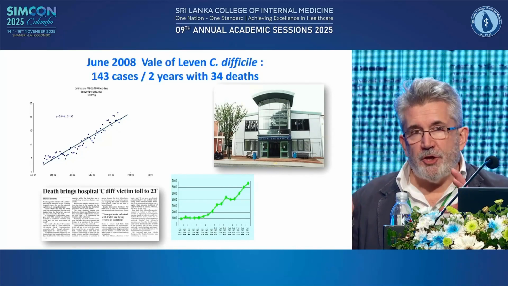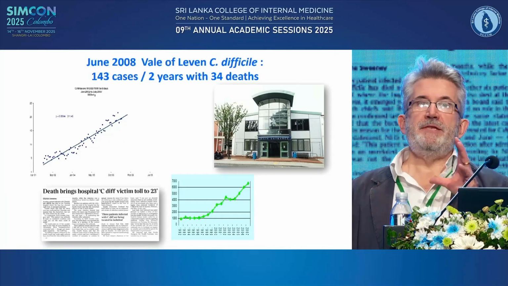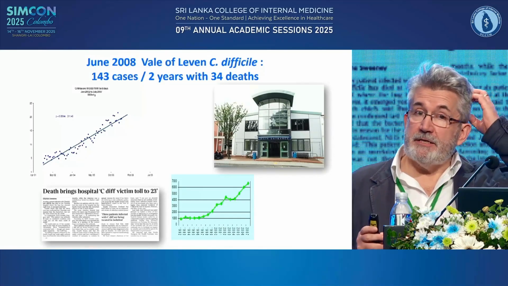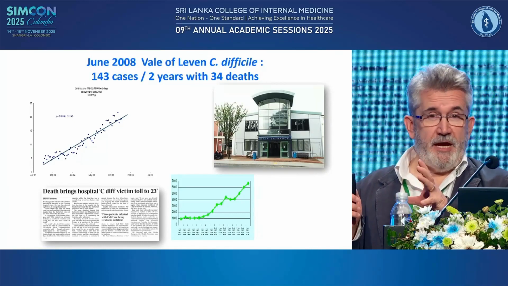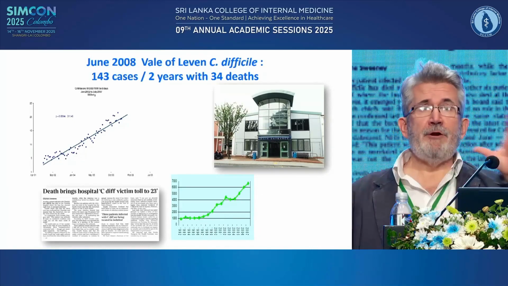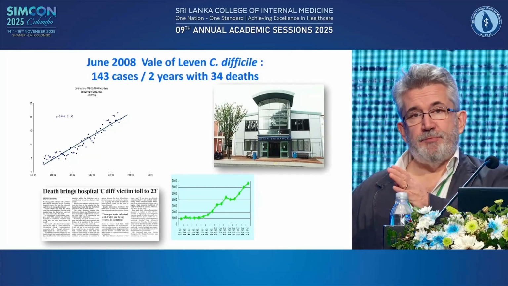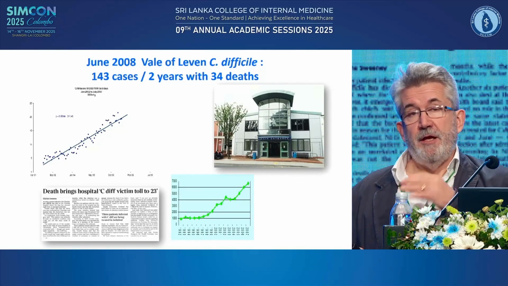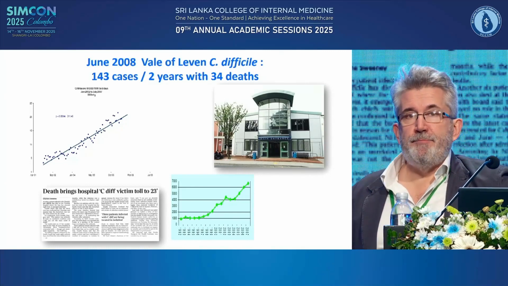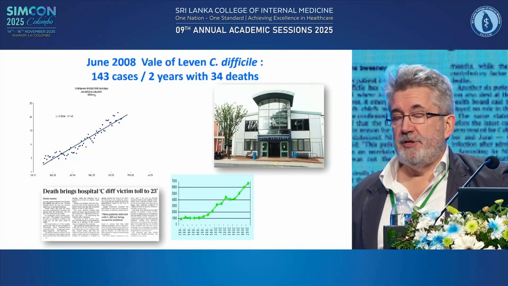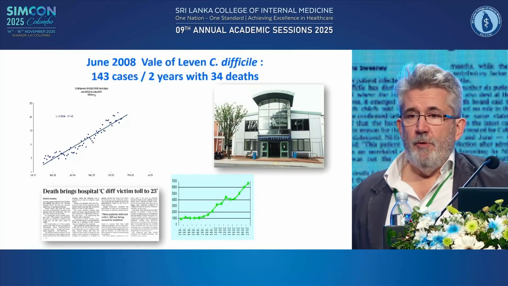And this caused a huge media outrage, and quite rightly it did. But what we found was that this hospital was an example of what was happening in all our hospitals. And this problem was being driven for us by third-generation cephalosporins, quinolones, and beta-lactam, beta-lactamase combinations like co-amoxiclav.